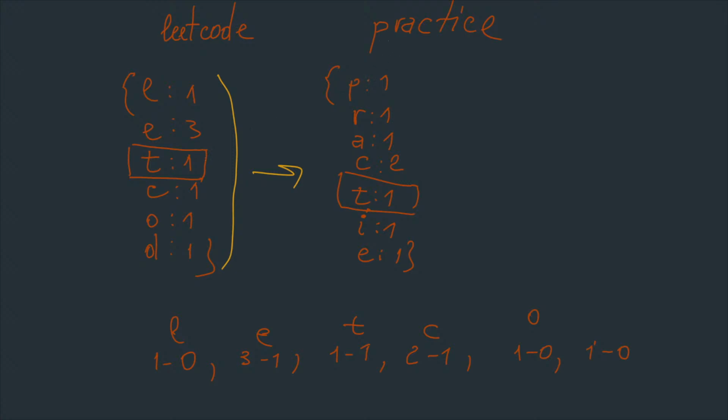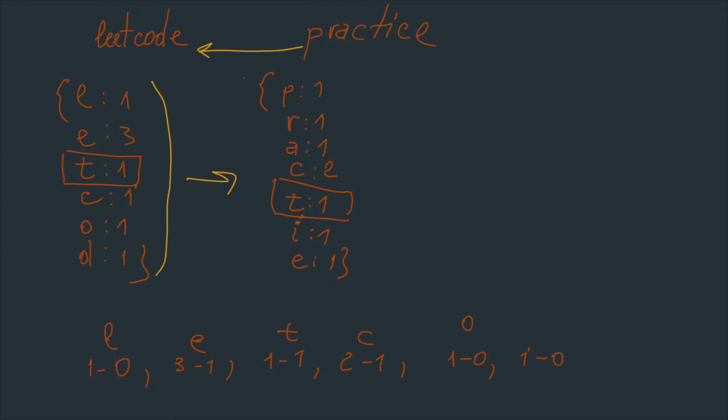So I shouldn't count from LeetCode to practice, but vice versa, practice to LeetCode to see what stuff is there. And if we go like that, P will be 1 minus 0, because we don't have anything. R will be 1 minus 0 in this case. A, as well, we don't have, 1 minus 0. C, we do have one C here, so it will be 2 minus 1.